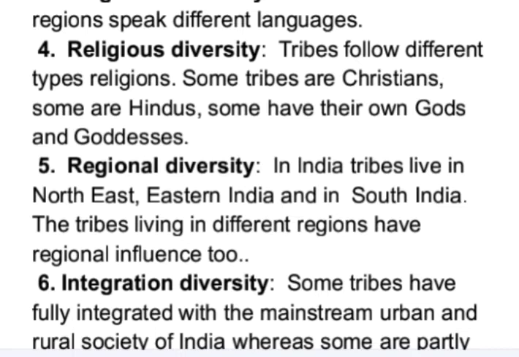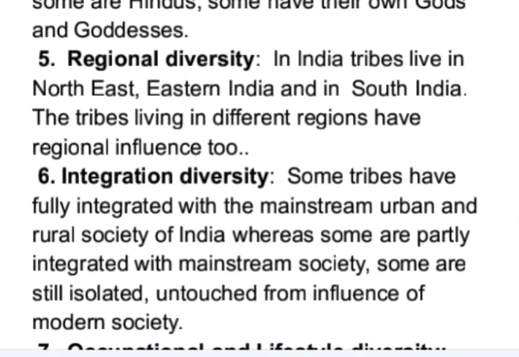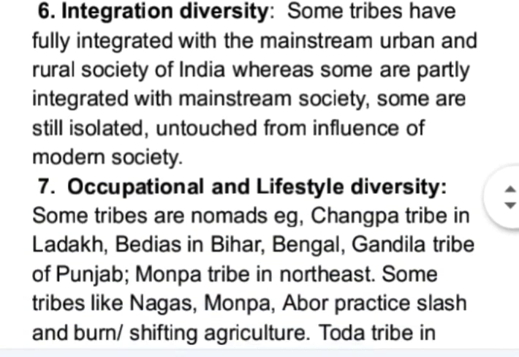The tribes living in different regions have regional influence too. Next is integration diversity. Some tribes have fully integrated with the mainstream urban and rural society of India, whereas some are partially integrated with the mainstream society. Some are still isolated, untouched from the influence of modern society.